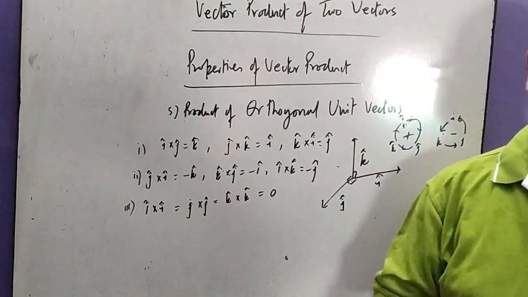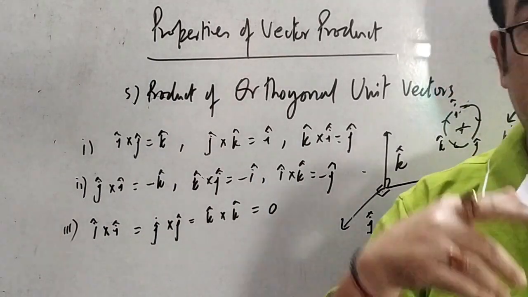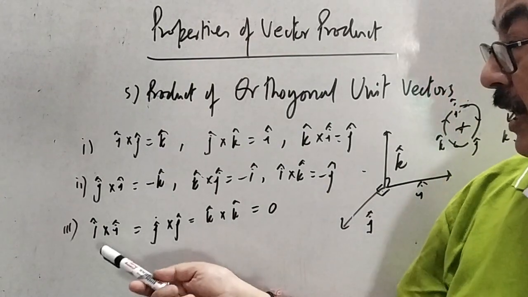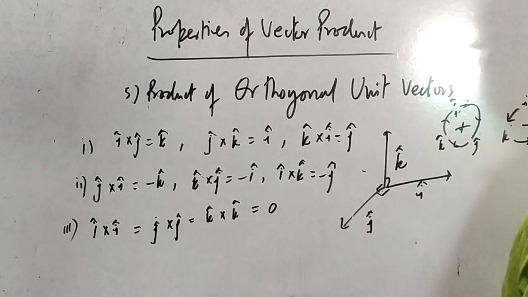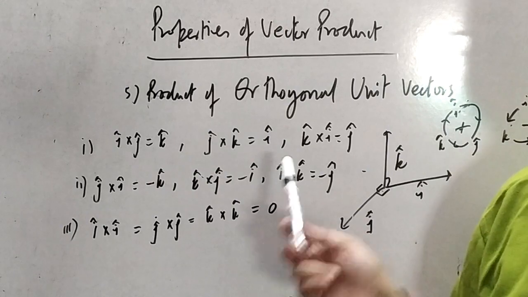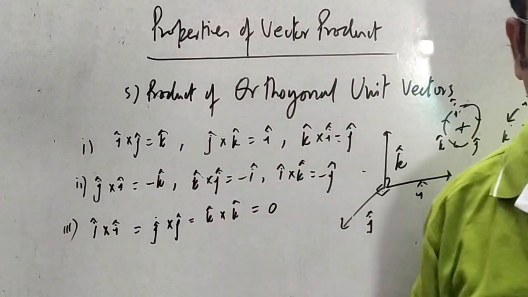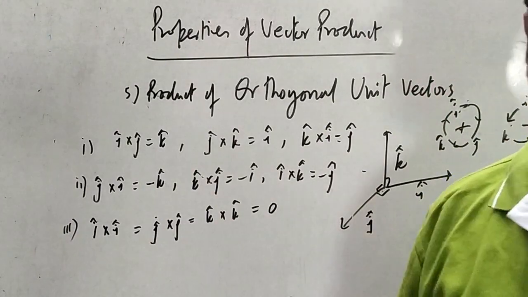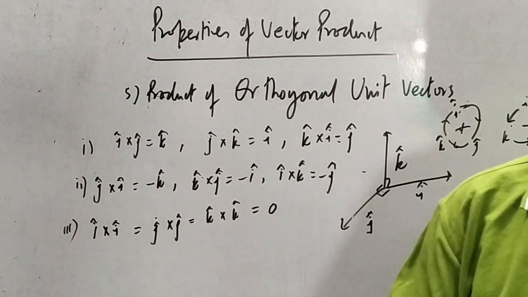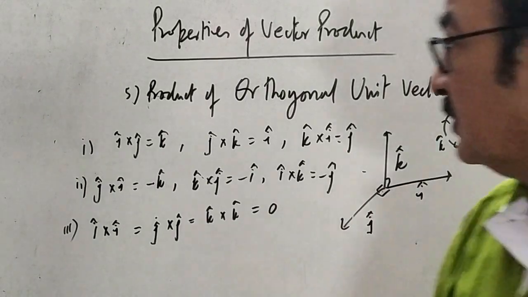It is also just opposite to the case of the scalar product, where I dot I is 1, J dot J is also 1, and K dot K is also 1. But here we have I cross I equal to 0, J cross J is equal to 0, and K cross K is also 0. That means a general property could also be assigned to this part: the vector cross product is always 0. That clue is taken from these orthogonal conditions.